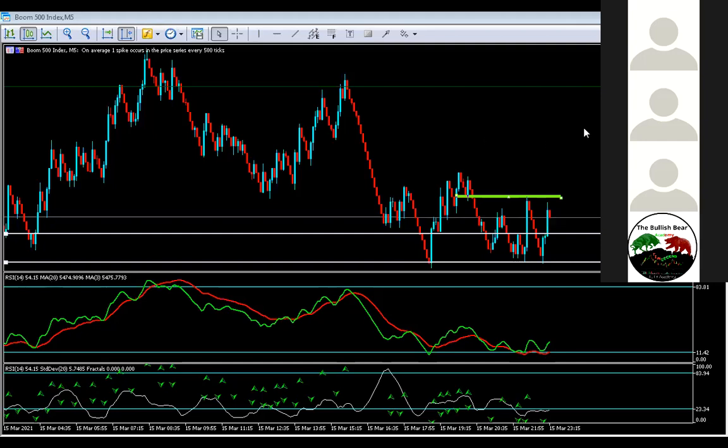Okay. If you are selling or if you are buying, how would you know that you can sell long or buy long without being caught by a spike? And then also, how do I use support and resistance?